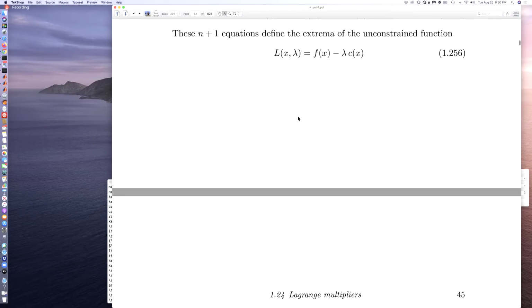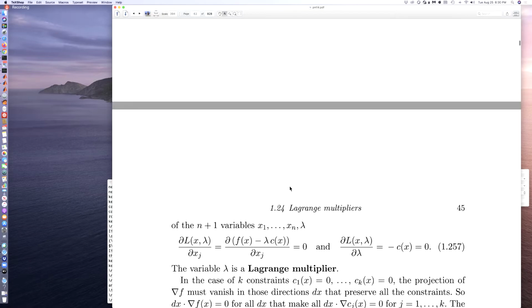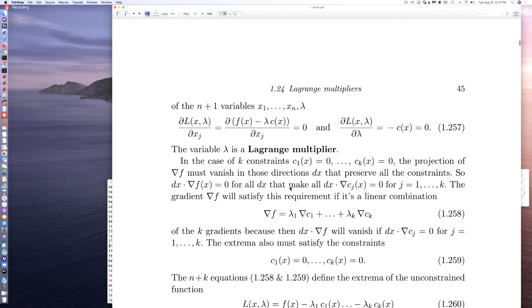And we look now for the extrema of this, and we forget about any constraint because we've already included it. And so the conditions are the partial of L with respect to all its n plus 1 variables, the n x's and lambda.